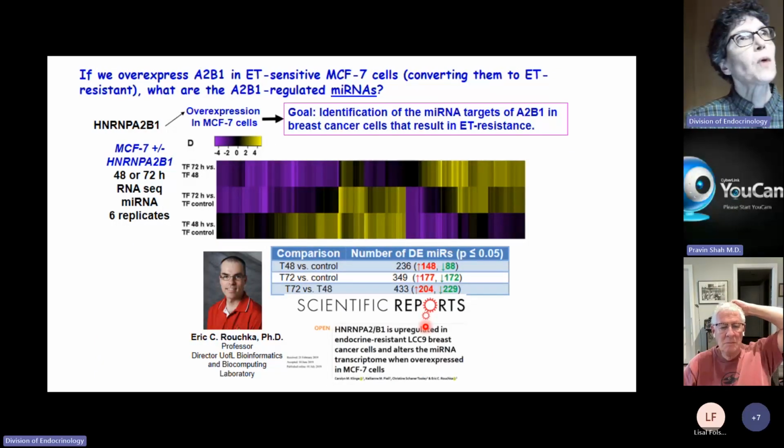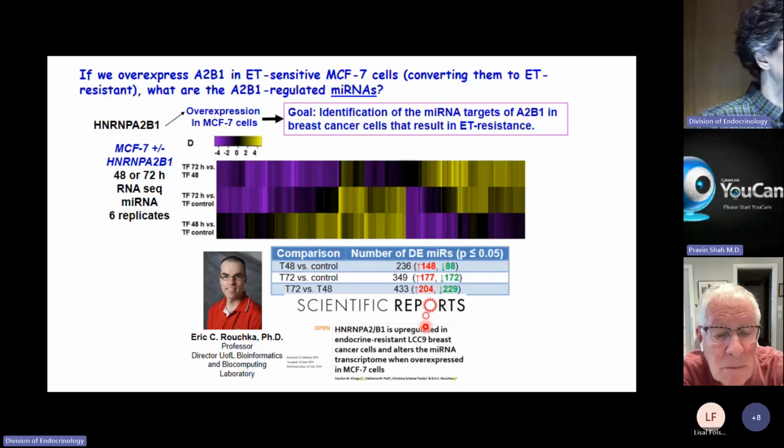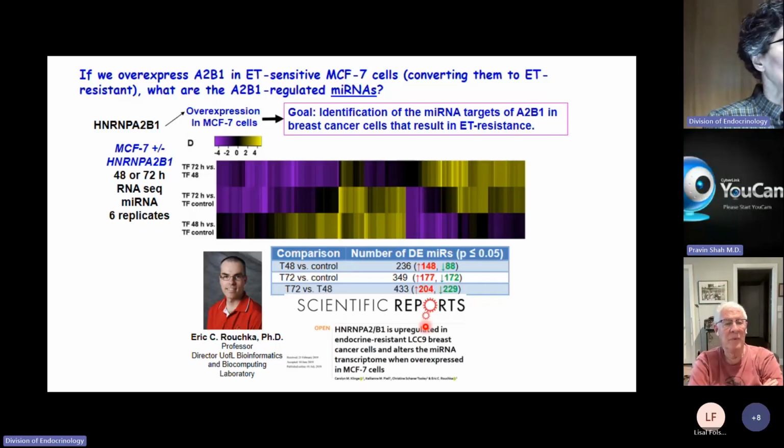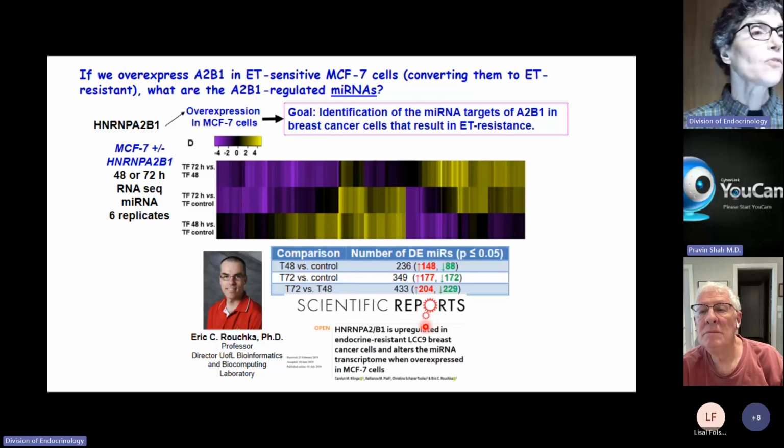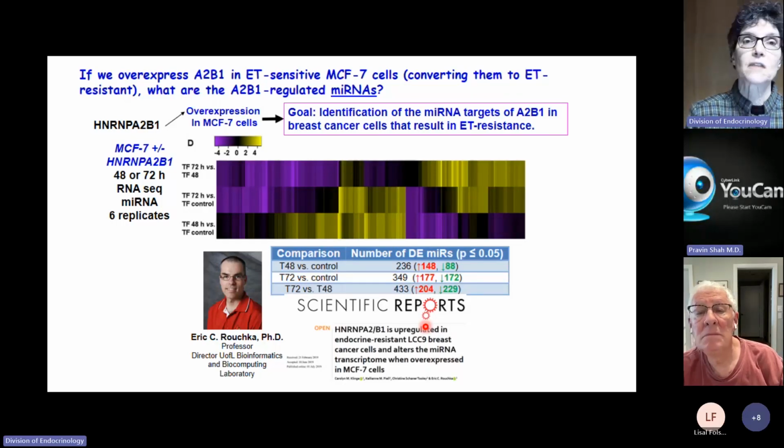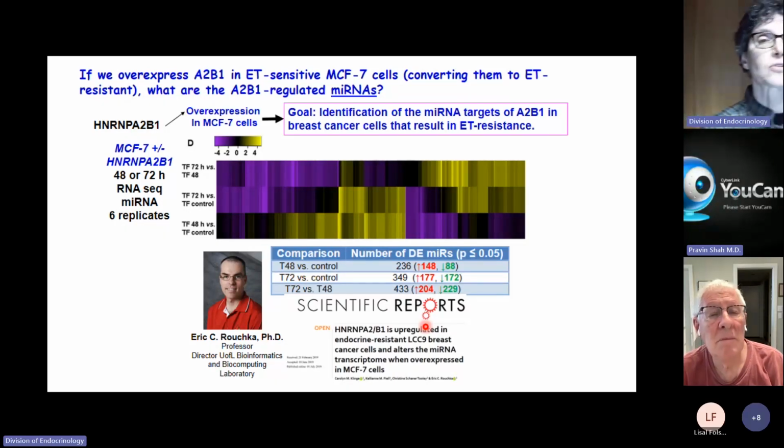The next thing we wanted to do, because A2B1 was known to be involved in primary microRNA to precursor RNA processing in the nucleus in association with m6A deposition: what if we overexpress A2B1 in endocrine therapy sensitive MCF7 cells, which will convert them phenotypically to endocrine therapy resistant, so they're no longer growth inhibited by tamoxifen or fulvestrant?